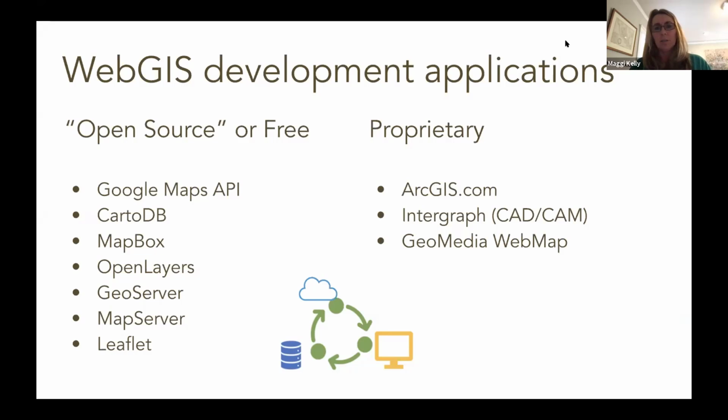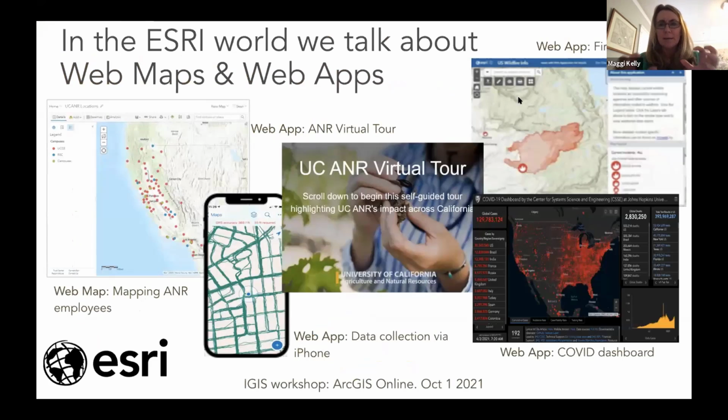Esri's ArcGIS Online, which we'll be using, is one of those. We have a UCANR license for ArcGIS Online that we manage at the IGIS program and can help you get set up. But the whole array, this open source and proprietary landscape, is really shifting quite quickly. But we're going to be very situated in the Esri world today.